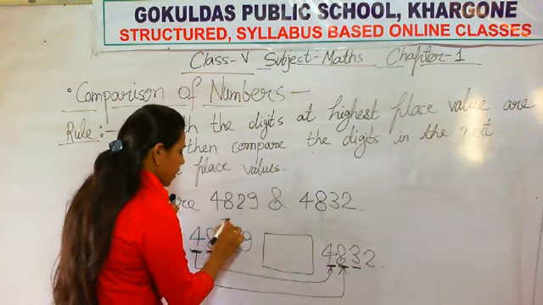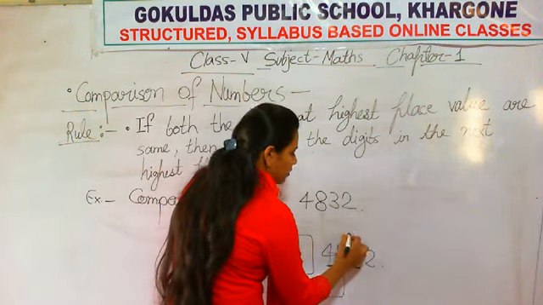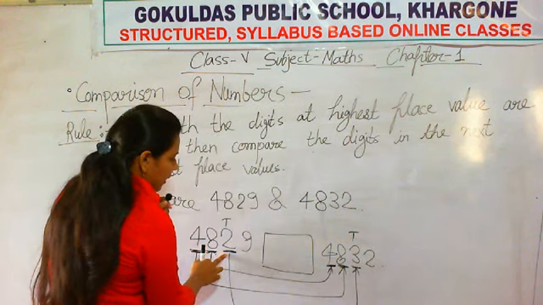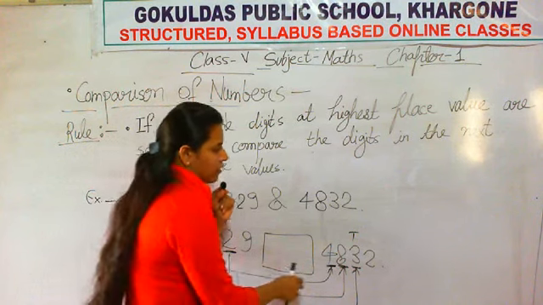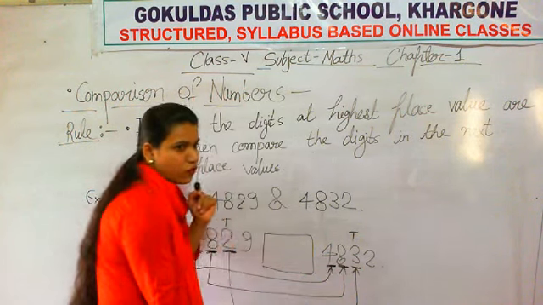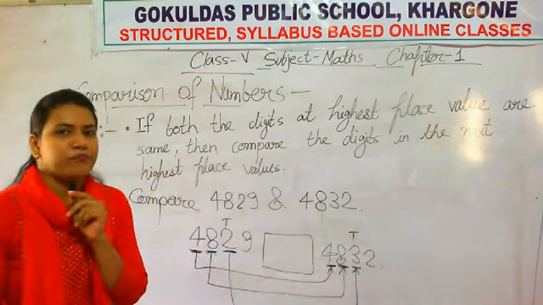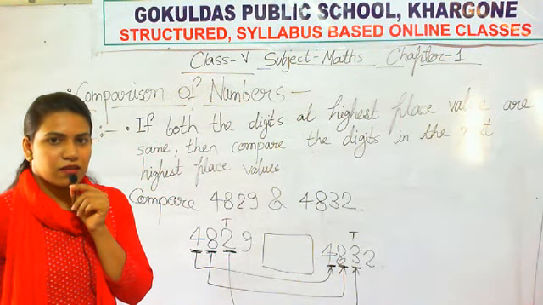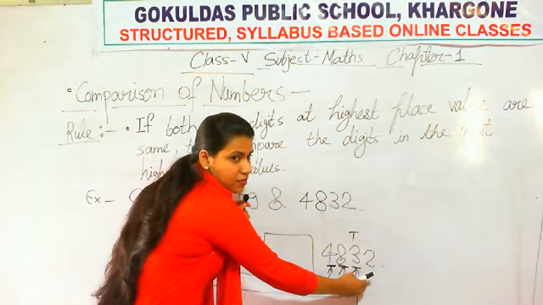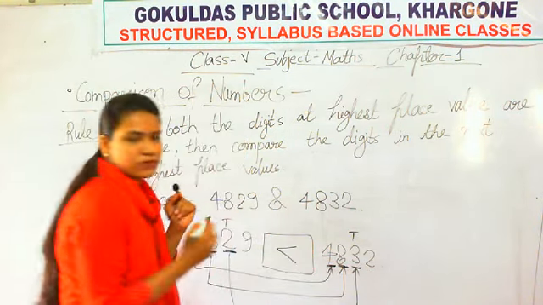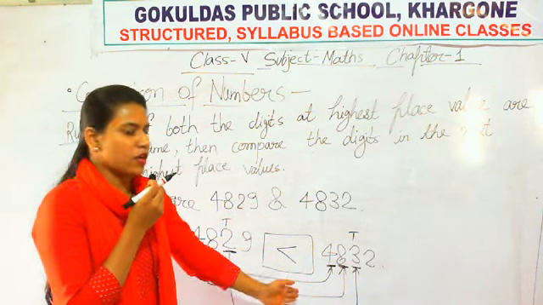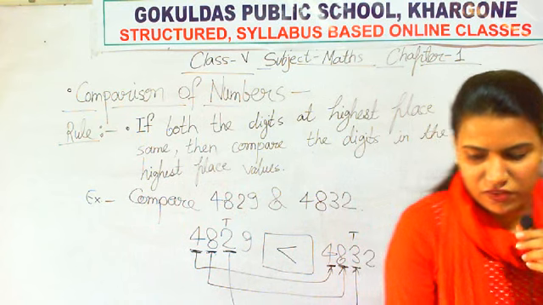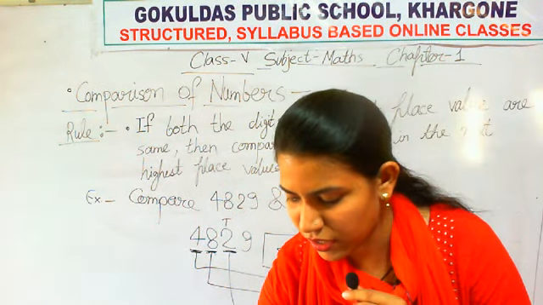Here at the tens place 2 is there, and here at the tens place 3 is there. So which number out of both is greater? Obviously this one. So 4832 is greater. Okay. These were the 3 rules for comparing the numbers.